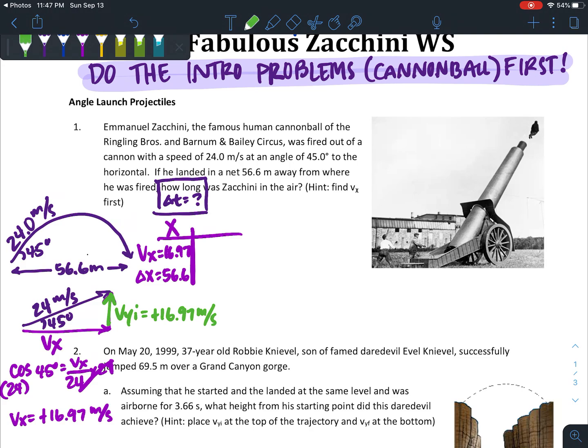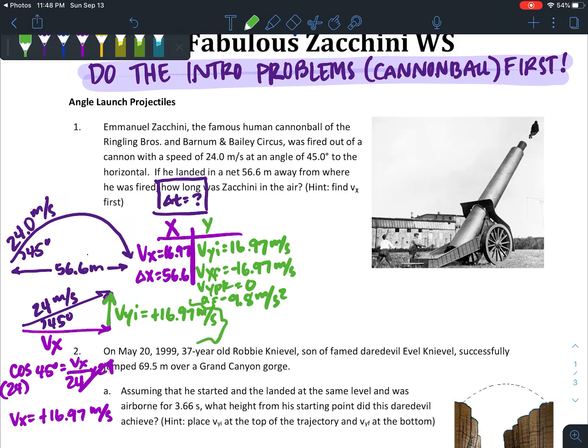I would suggest putting in units, but if you didn't leave yourself enough space like I did, you can drop them. Vyi is 16.97 also, which means Vyf is a negative 16.97 based on symmetry. I know Vy at the peak is 0, and I know a is negative 9.8 meters per second squared.